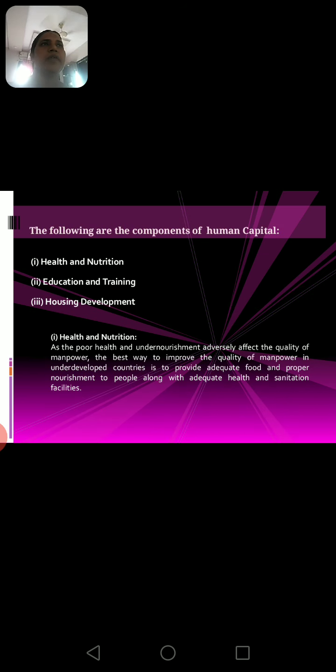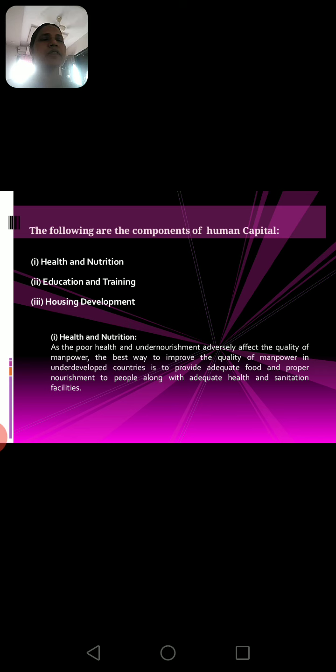The main components of human capital are the following three: one, health and nutrition; second, education and training; third, housing development.